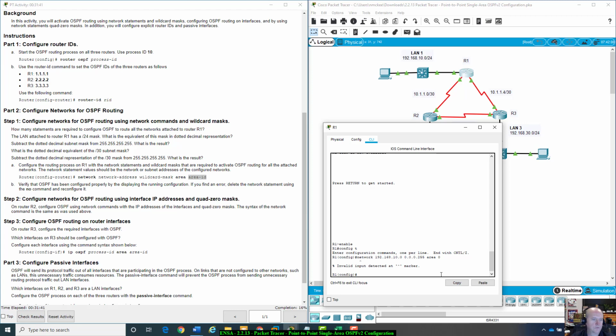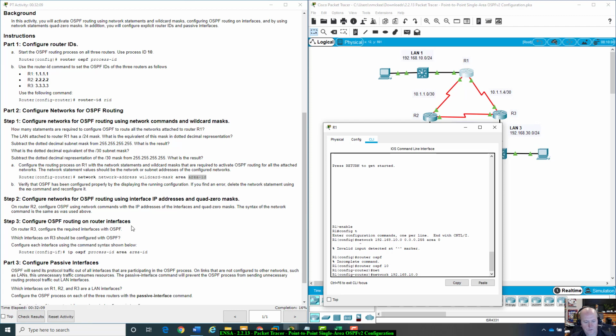Area OSPF 10 config. Now let's do it. .10.0 0.0.0.255 area 0.